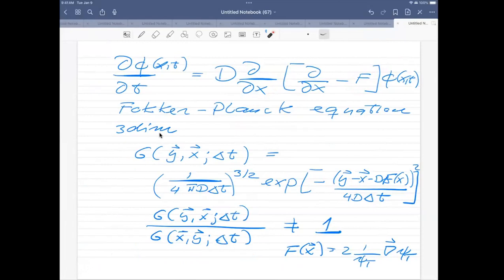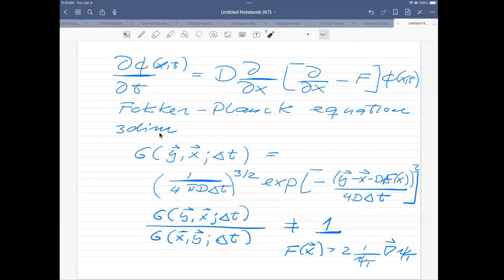And for those of you familiar with that in mechanics, this is a quantity which we often add in when we are looking at the environment's influence on a system. The main reason for including that one is that technically that is going to give us a transition probability whose ratio between going from x to y and y to x is different from 1. If I just take the plain diffusion equation, as I mentioned earlier, then this ratio is going to be equal to 1. And then it's not that interesting.